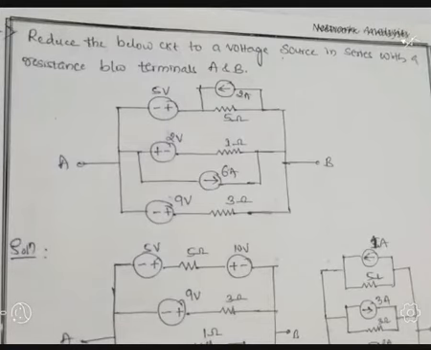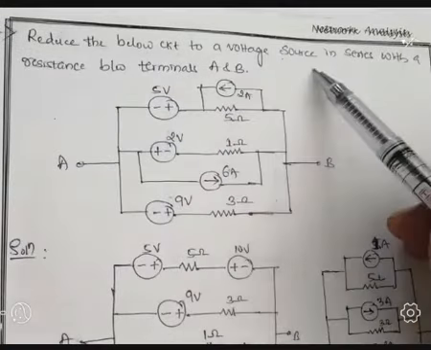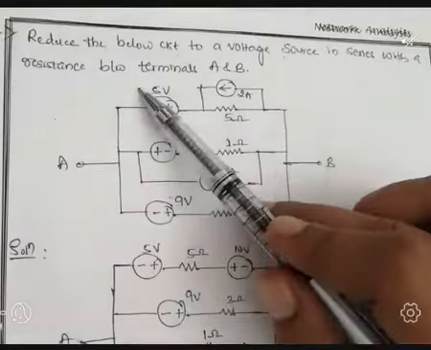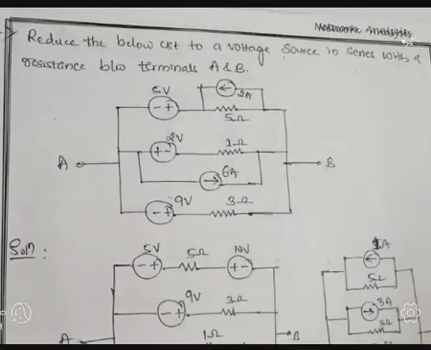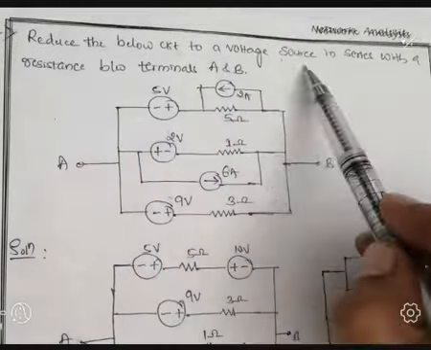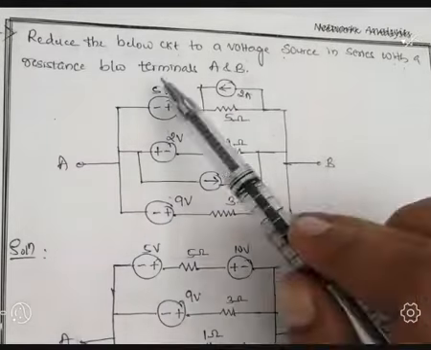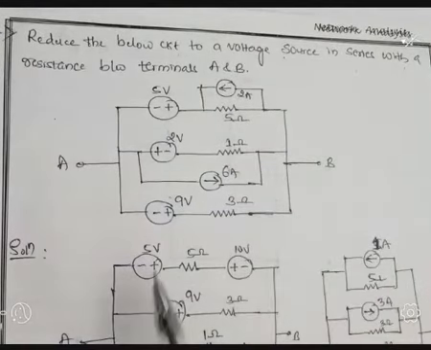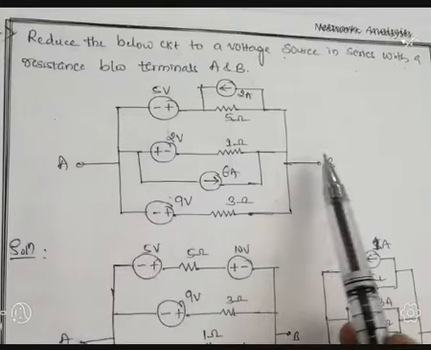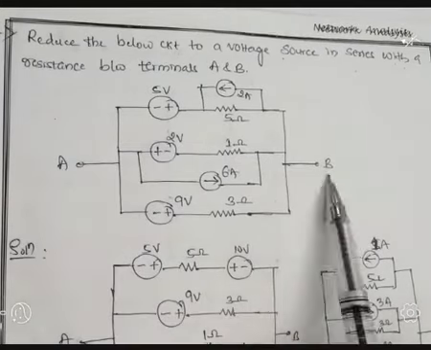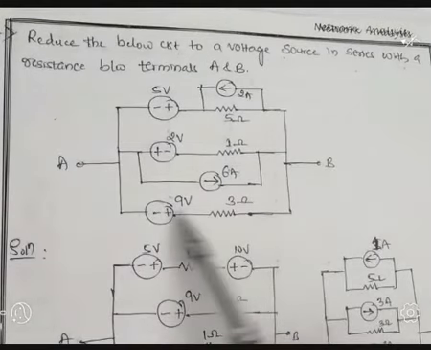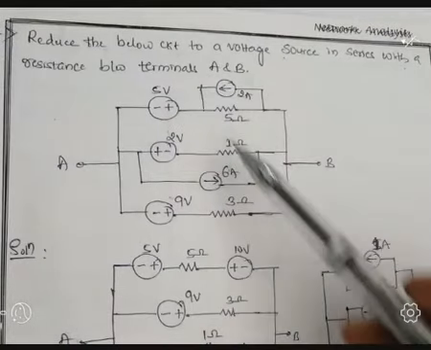Reduce the below circuit to a voltage source in series with resistance between terminals A and B. The network is given with the terminals A and B. In between these two terminals, so many branches, circuit elements and energy sources are there.